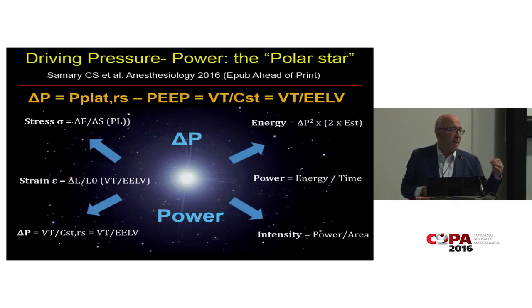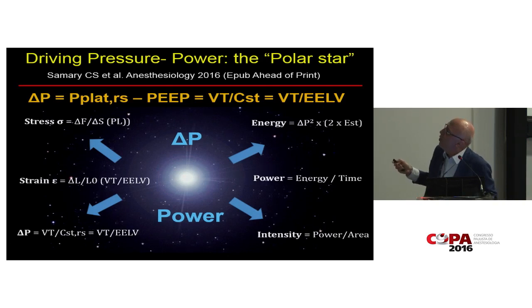So it's a very easy parameter at the bedside to know the relative influence of tidal volume on that amount of aeration. This is what we are following, from the concept of stress, the transpulmonary pressure at end inspiration, to the concept of strain, which is the ratio between tidal volume and lung volume, to the concept of driving pressure per se, as was discussed today.